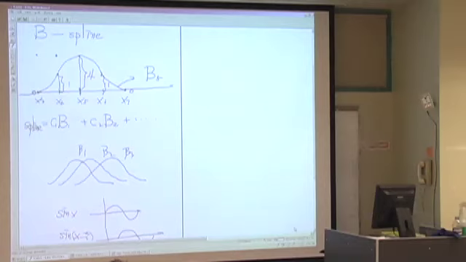Then as I mentioned before, once you have these splines, creating a spline is not a big problem. Why? By just attaching C1 and C2 and so on, we can create a spline.